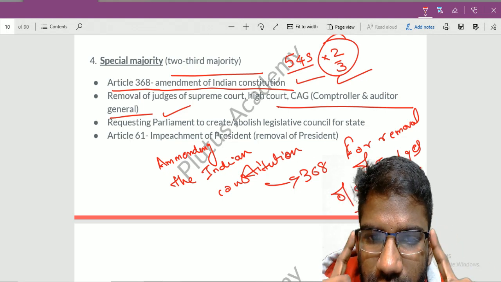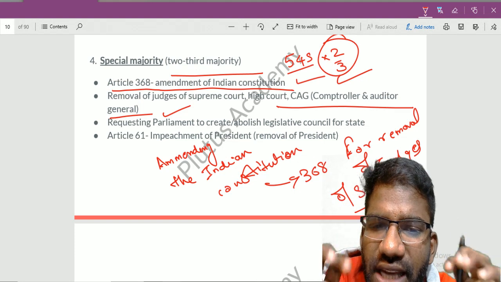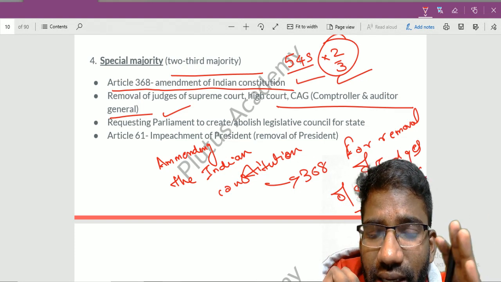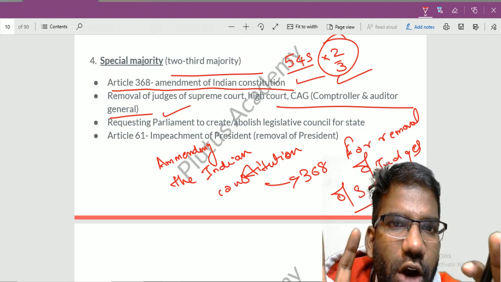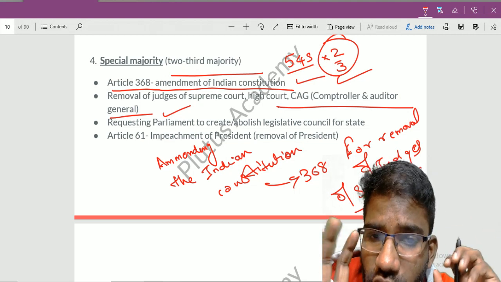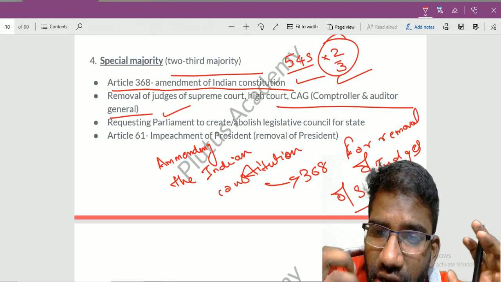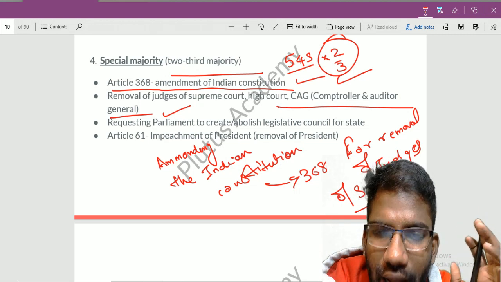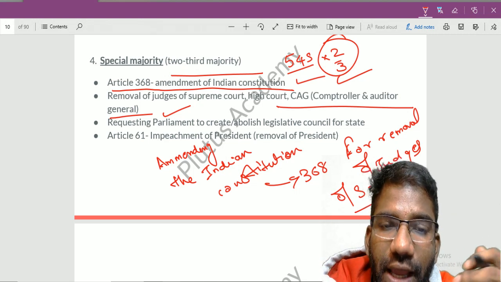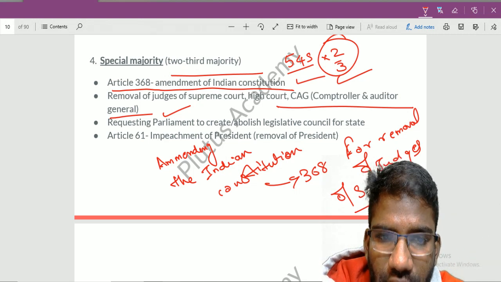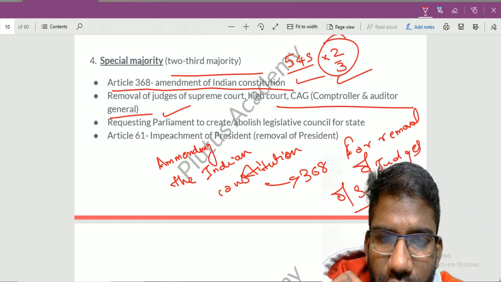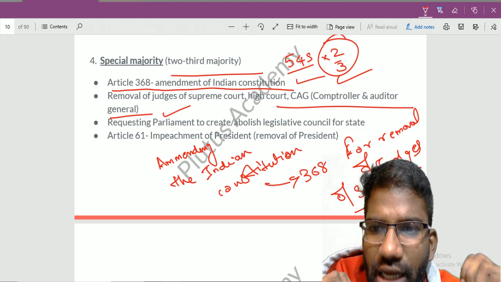Now see, in certain states of India there is a Legislative Council along with the Legislative Assembly. In common terms, we call the Legislative Council Vidhan Parishad. In Kerala there is no legislative council, but if Kerala wishes to have one, it needs to pass a resolution with a special majority.